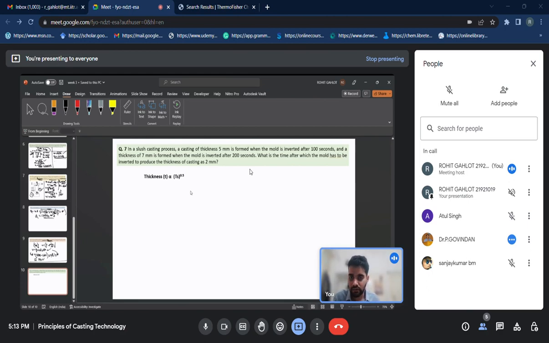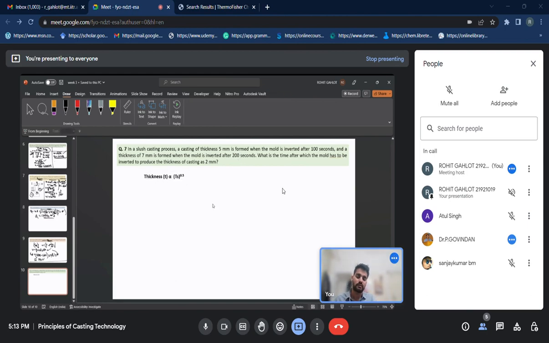If you see the slush casting, generally the thickness is proportional to the solidification time to the power 0.5, like the root of the solidification time.